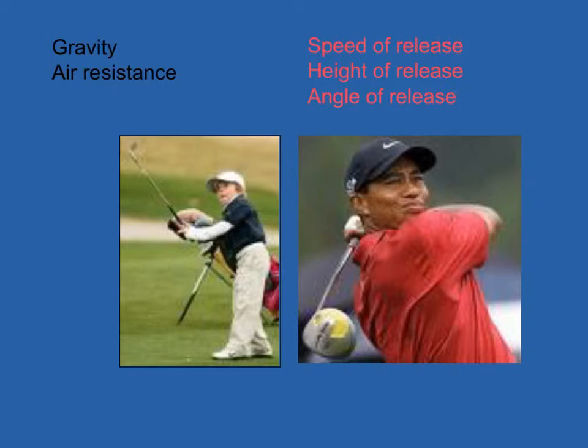Those are things that we can change. We can't change gravity, and we can't change air resistance, although air resistance does change because it depends on the wind, the weather, and it is also influenced by the object or the body that you are throwing.